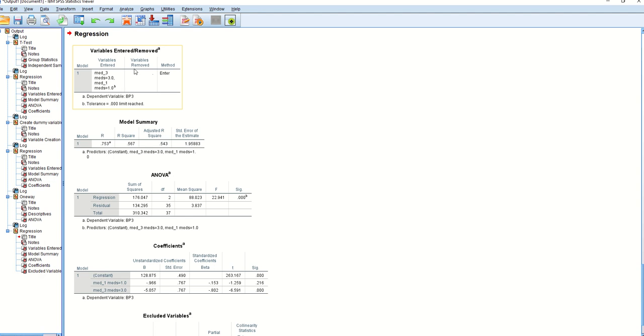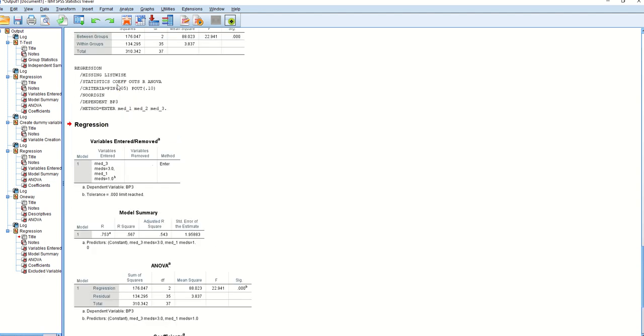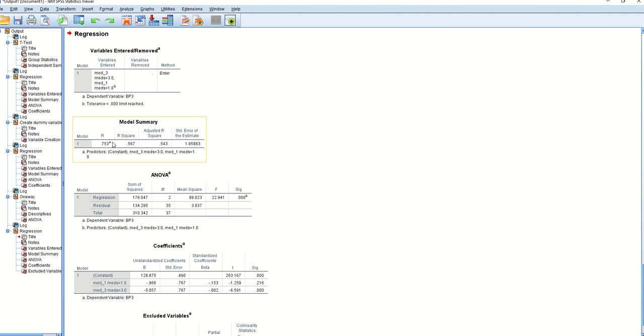It did not include med 2. It removed it. So if you look at the coefficients, you have med 1, med 3, but you do not have med 2. And in fact, you get a table that says excluded variable med 2. So automatically SPSS kicked med 2 out of the equation.